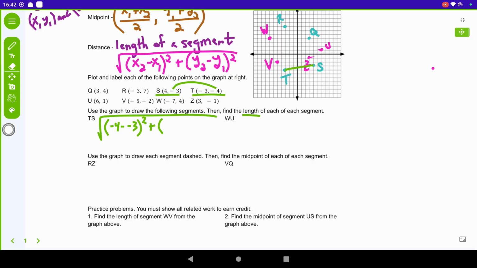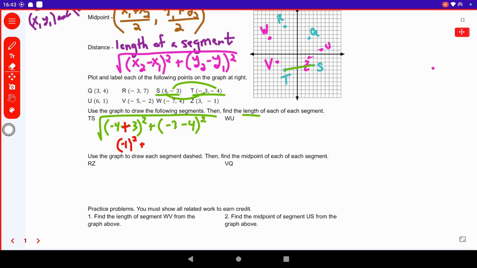Again, do the double negative. And then we're also doing the same thing with the x's, sorry. And then we're going to go negative 3 minus 4. And then here where we have the double negative, as you've seen when we did slope, you're going to make this into plus. Negative 4 plus 3 would be negative 1 squared.